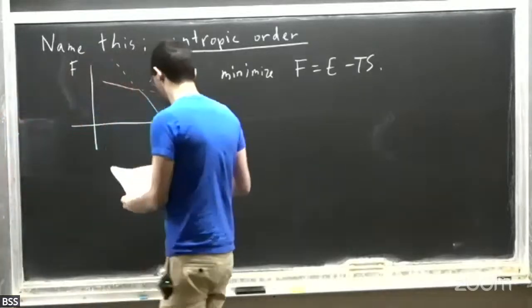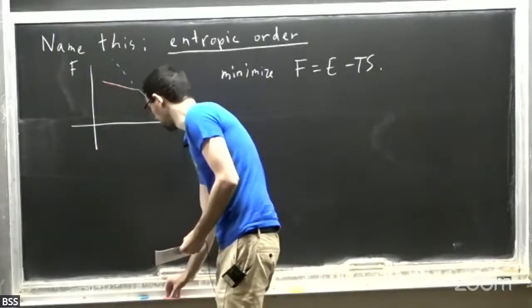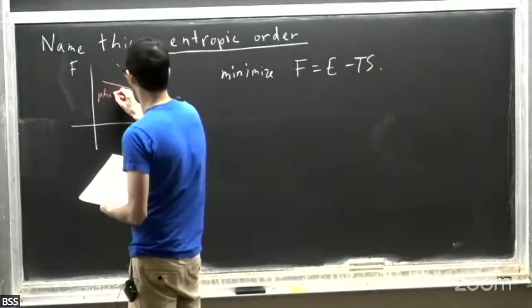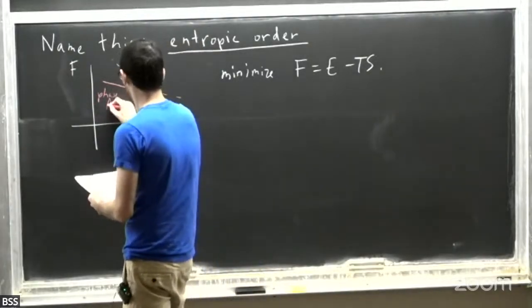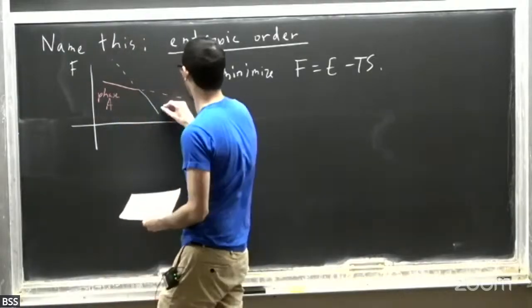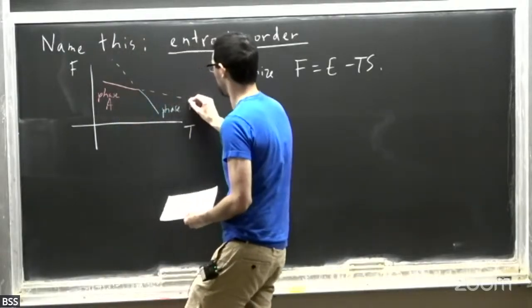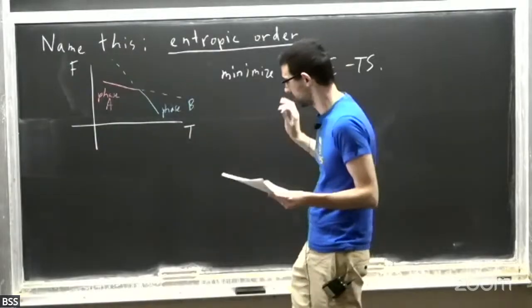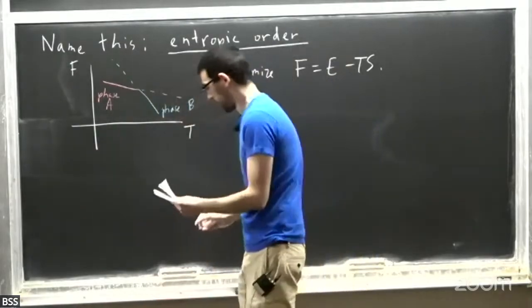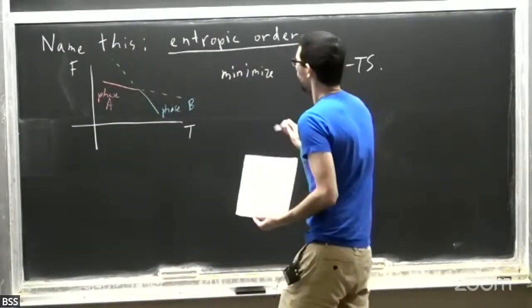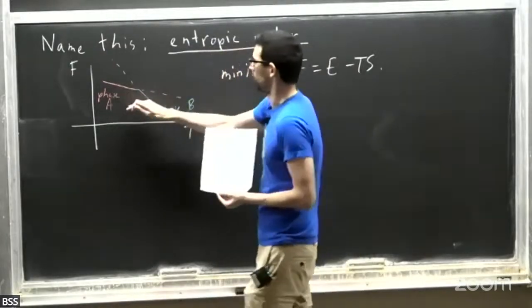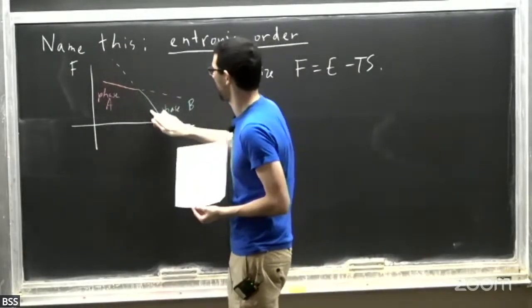Here we have phase A and here phase B. This is completely model agnostic at the moment. We always want to minimize F, so the curve has to look like this.